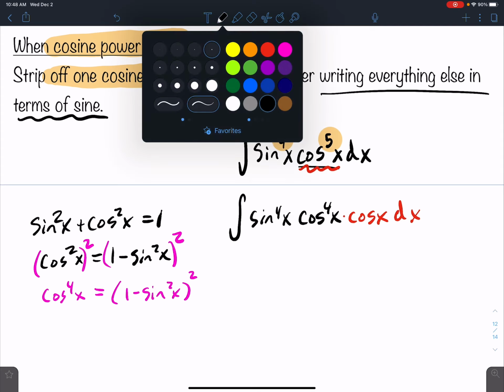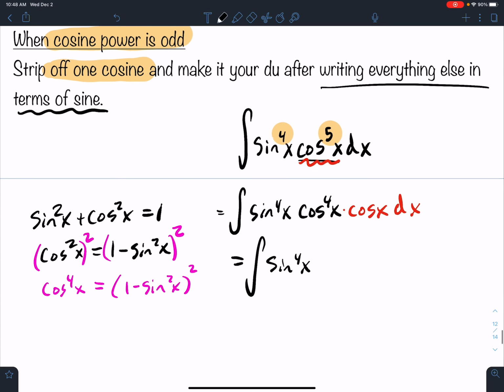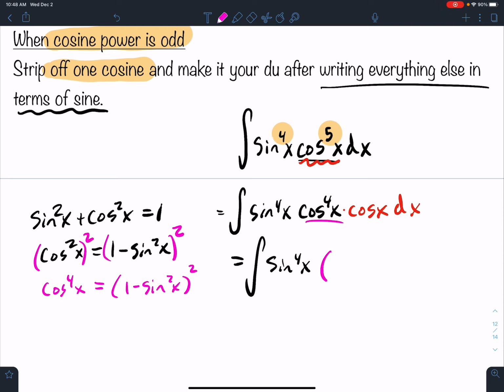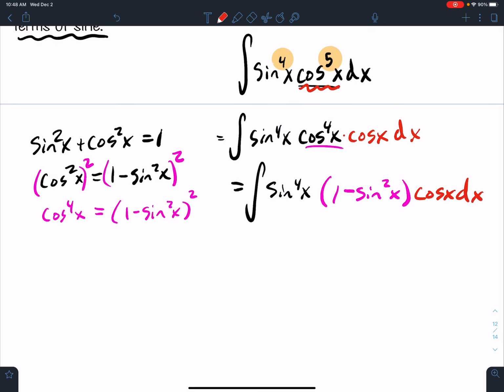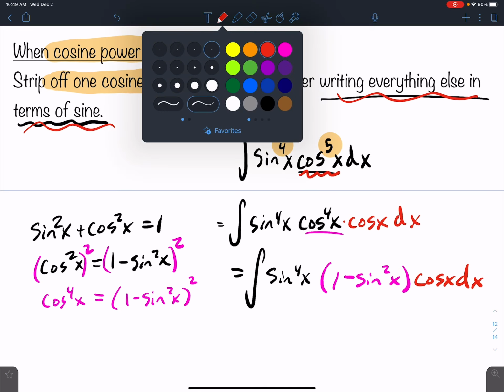So let's do this. Let's substitute here. So this becomes the integral of sine to the fourth x, and then parentheses, substitute this with 1 minus sine squared x, and then times cosine x dx. Okay? So now I have an integral that is in terms of sine x, but my du is cosine x dx. So how am I going to get this into my u substitution that's helpful?